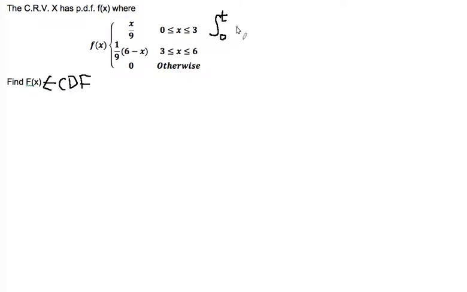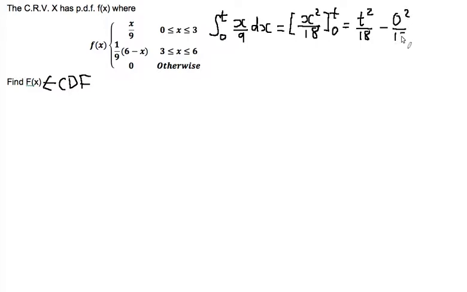So I'm going to integrate x over 9 over the range 0 to t. x integrates to x squared over 2, so 2 times 9 gives me 18, integrating between 0 and t. Substituting the values in, I get t squared over 18 minus 0 squared over 18, which leaves us with t squared over 18.